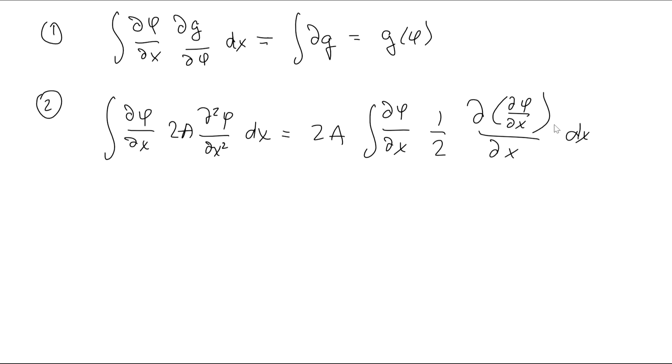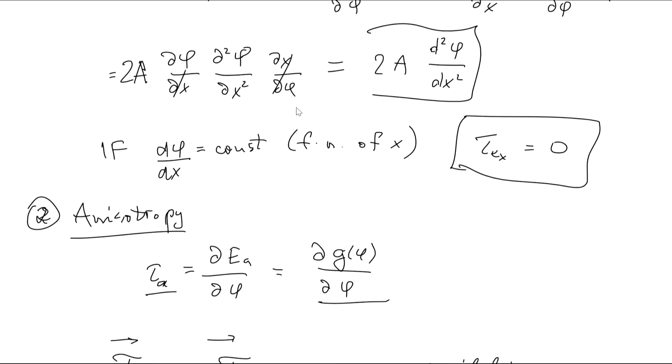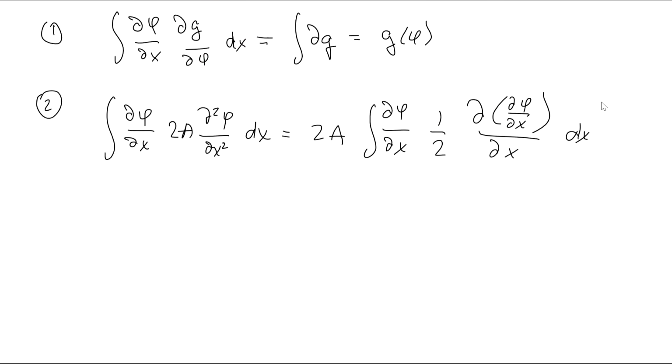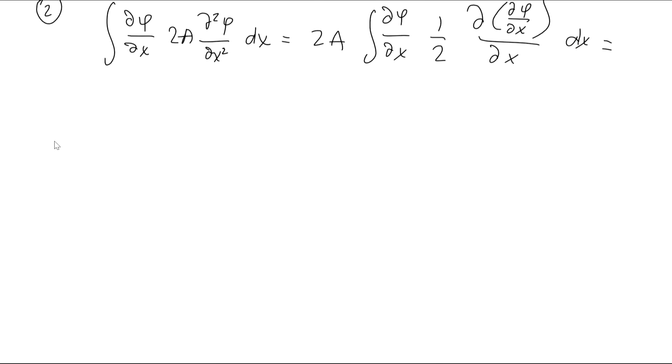So we are going backwards, the same way as we were going here. There is not that much more, so you can continue doing that, but basically the 1/2 goes away, and what would be left is (dφ/dx)².